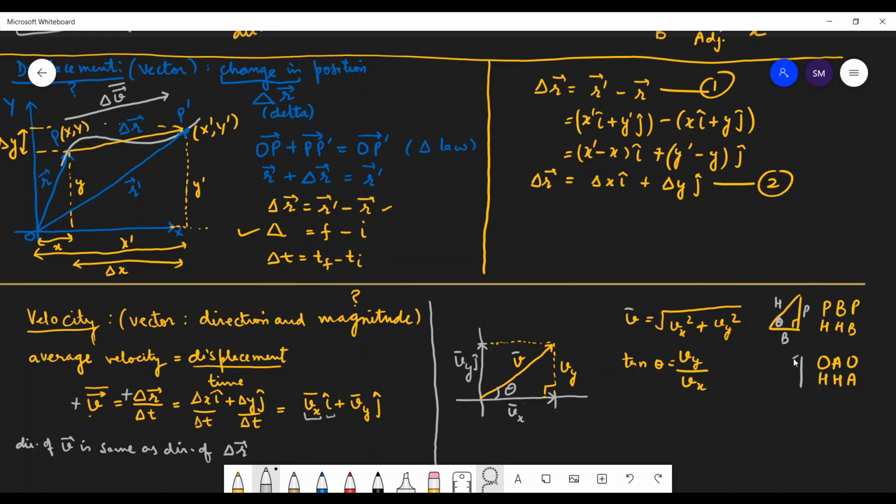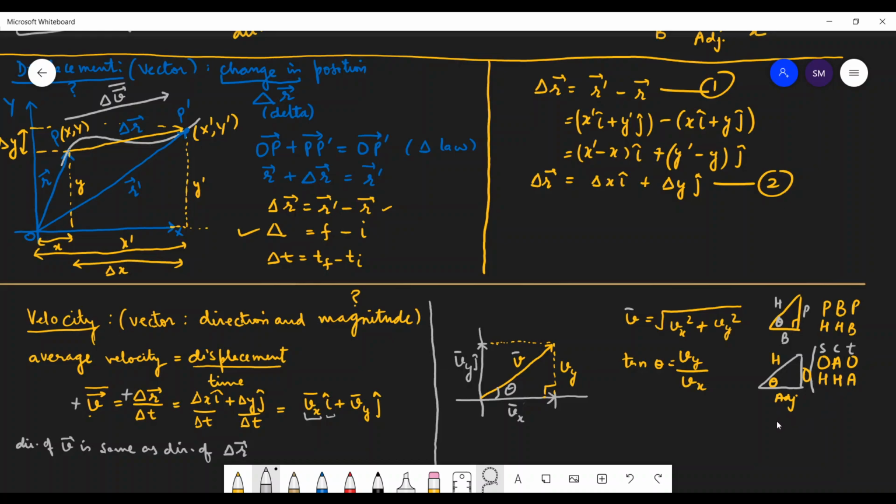Now if this is theta, then I can say this side is opposite to theta. This side remains hypotenuse and this side is adjacent to theta. So now it's better if we remember sine, cos and tan with these ratios.